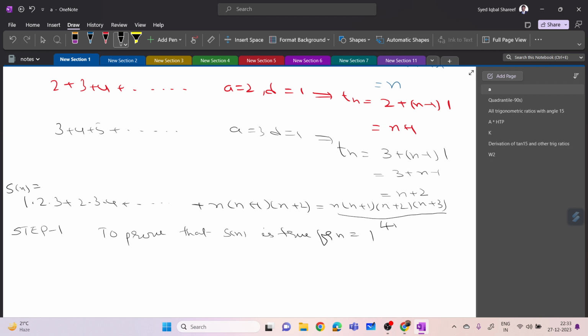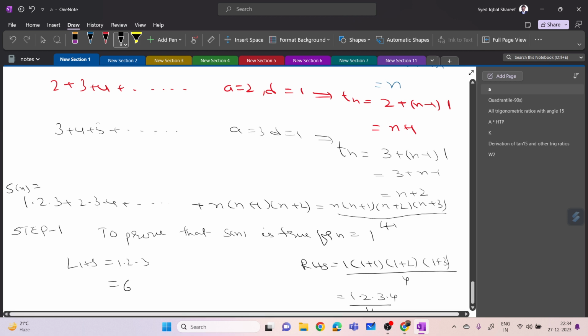So left hand side is 1 into 2 into 3: 1 times 2 is 2, 2 times 3 is 6. Right hand side is 1 into 1 plus 1, 1 plus 2, 1 plus 3 by 4, which is 1 into 2 into 3 into 4 by 4, and 4 by 4 leaves 2 times 3 is 6.